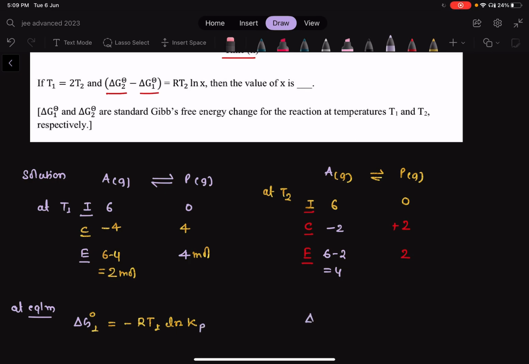Here delta G2 naught is the standard Gibbs free energy change at the temperature T2, that is minus R T2 ln Kp itself.